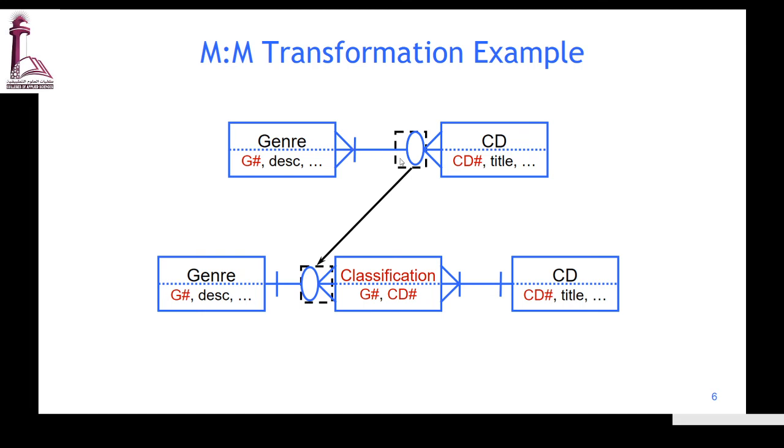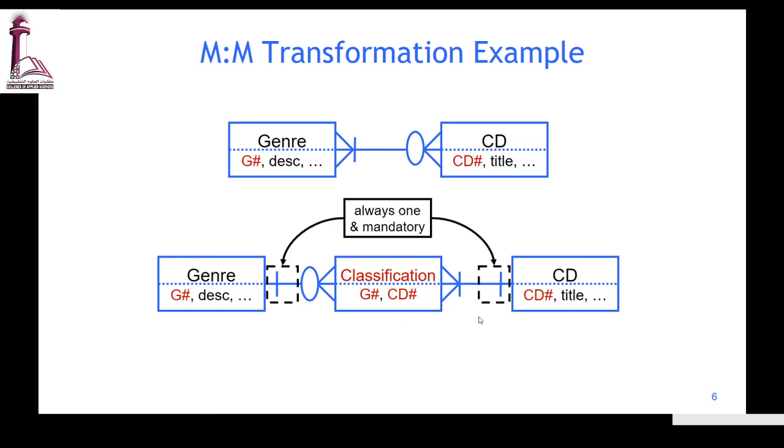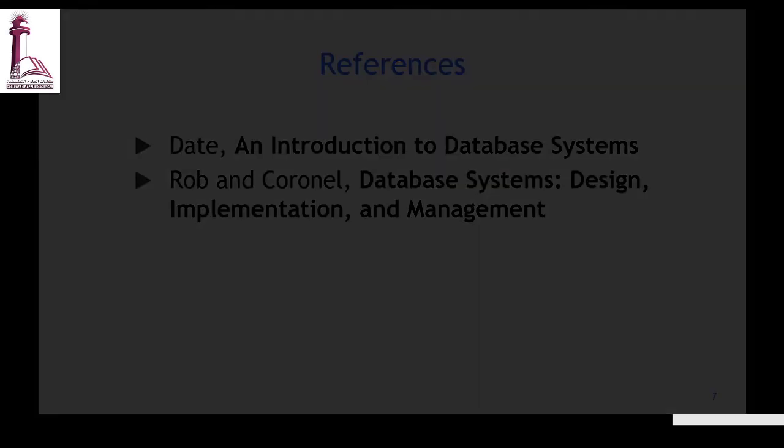So the many-to-many relationship will be converted into one-to-many and then many-to-one. Like this you have to convert the many-to-many relationship and represent it in a table. And here one, here also one and here also one. So this is mandatory. This is the intersecting relation and it is also called an associative entity.